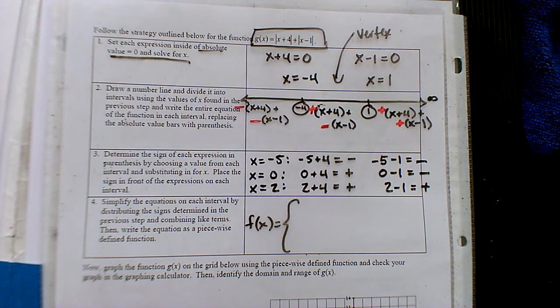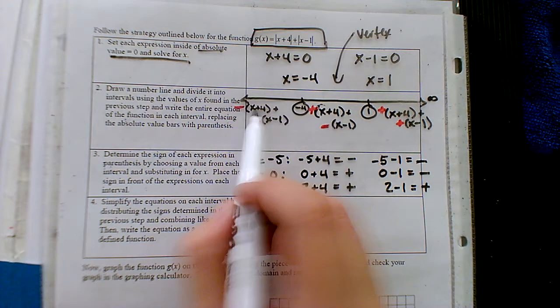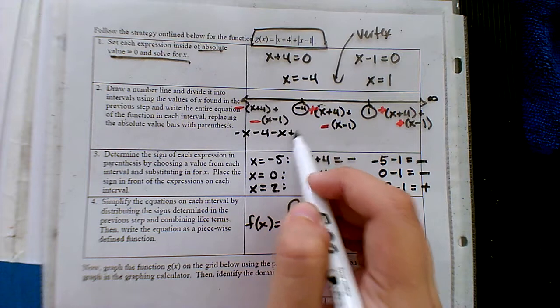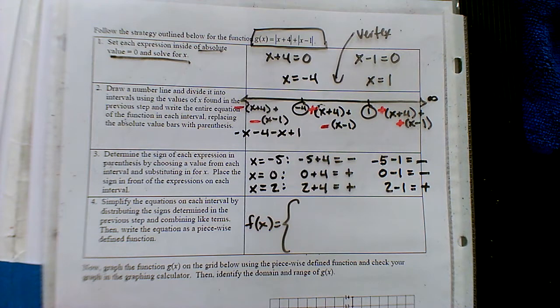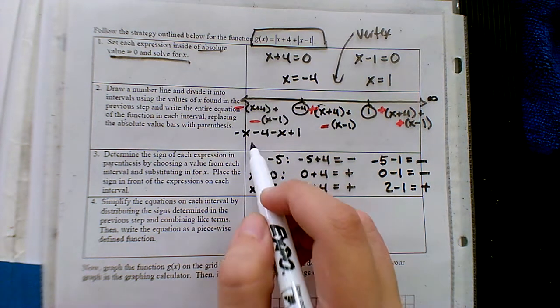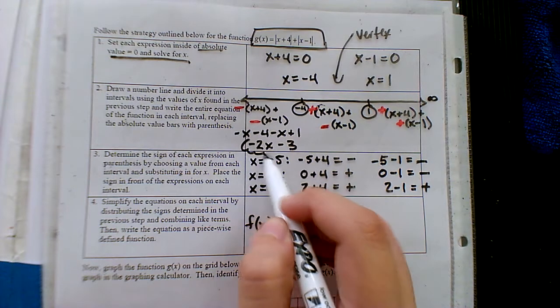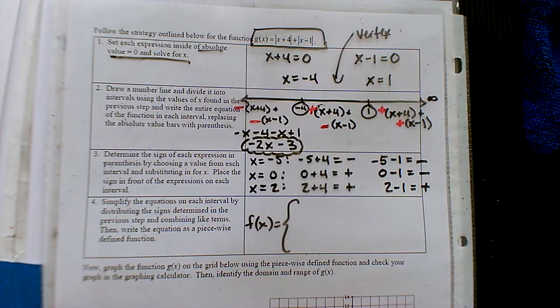Just from here we have to simplify and solve. So the first interval, if we distribute all the negatives, everything's going to change sign. And combining like terms, we'll get negative 2x minus 3. So there's one line that we have to graph.